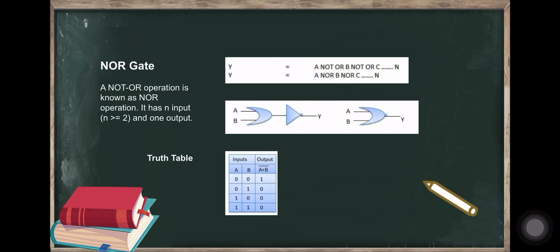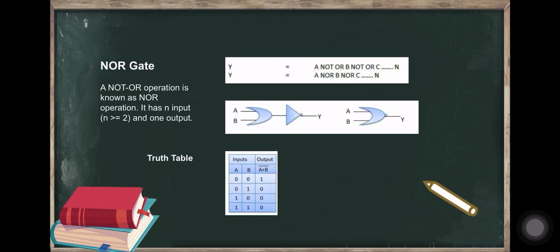Next is the NOR gate. A NOT OR operation is known as a NOR operation. It has two or more inputs and one output. The equation is Y equals A NOR B NOR C. The NOR gate can also be called the NOT OR gate.